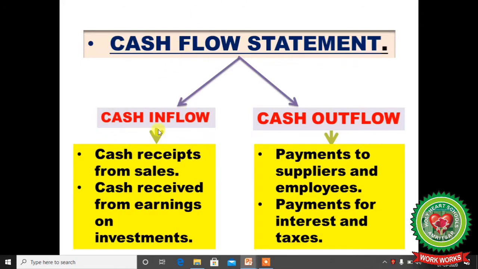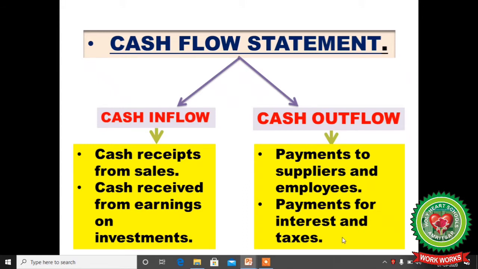Now cash flow, cash inflows, cash outflows. Cash inflows like cash receipt from sales, when you receive the cash after sale, and cash receipt from the earnings on the investment. On investment you just received any interest. Okay. Cash outflows like payment to the suppliers and employees, payments for interest and taxes.